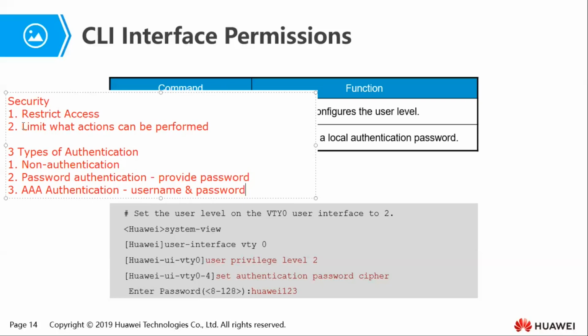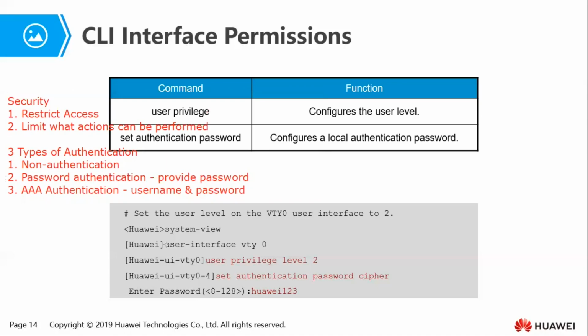To limit the actions that can be performed after a user has logged in successfully, you need to configure the privilege level. In this example, we go into the system view and use the command user-interface vty 0, because we want to configure this particular user interface. Then we use the command user privilege level 2.